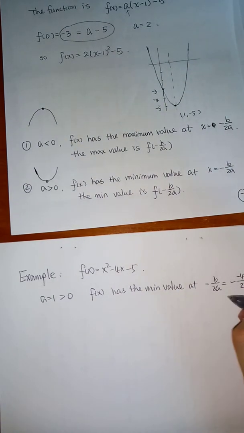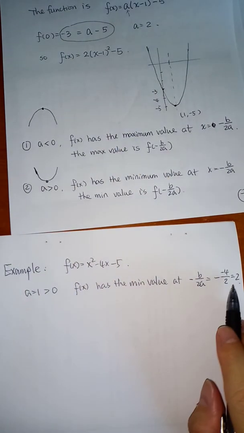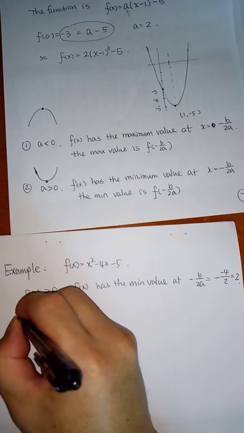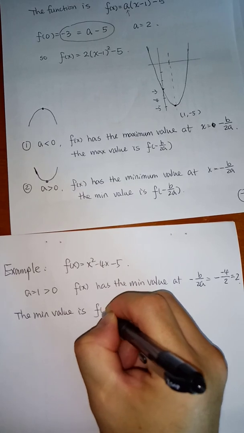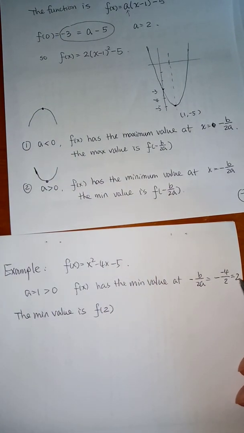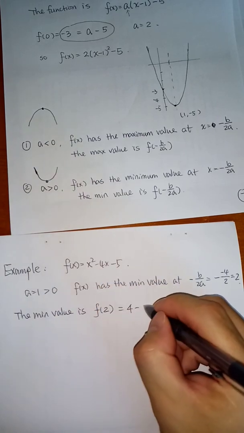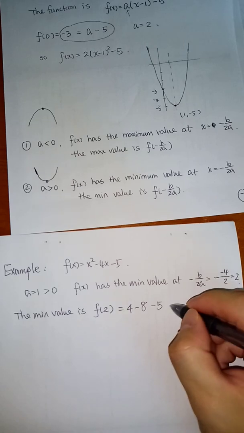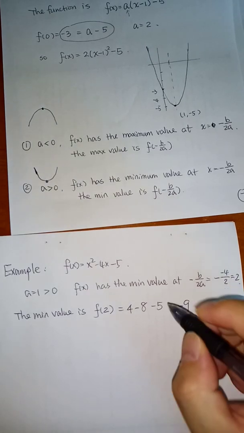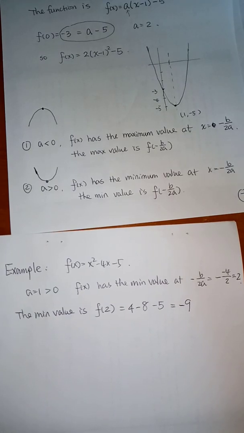So this is equal to 2. The minimum value is f of 2. You find the place and you evaluate the function at the right place. So 2 squared minus 4 times 2 minus 5, so it's equal to -9. So the minimum value is -9. It occurs at 2.